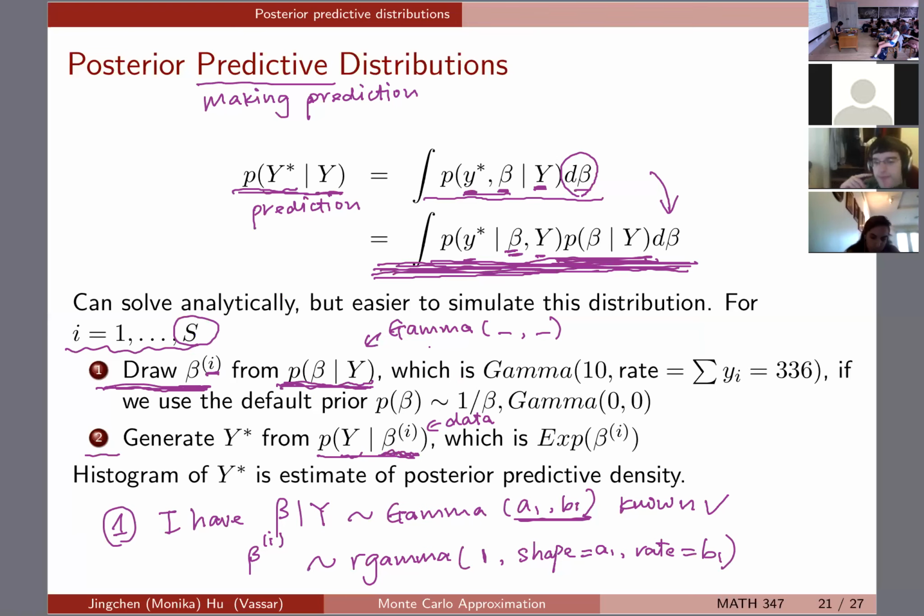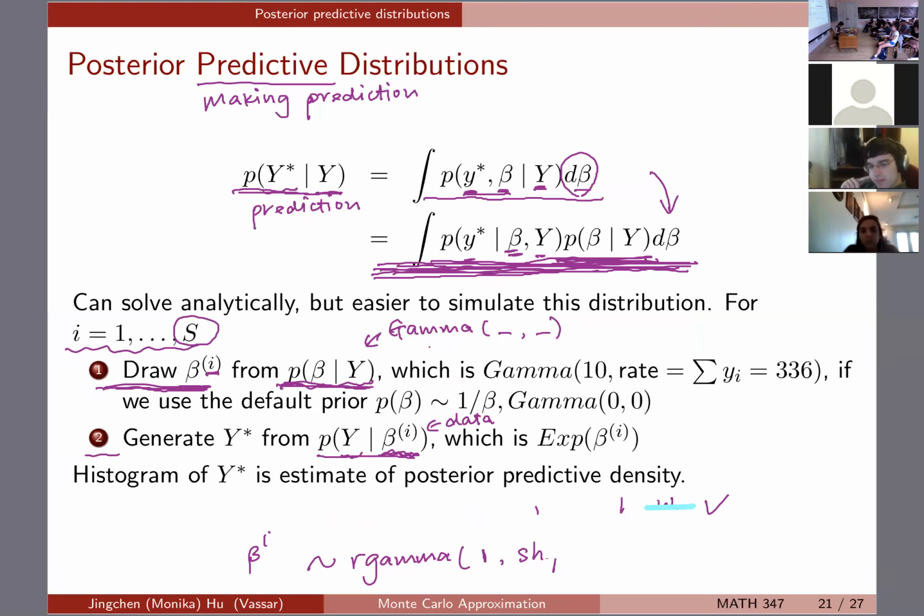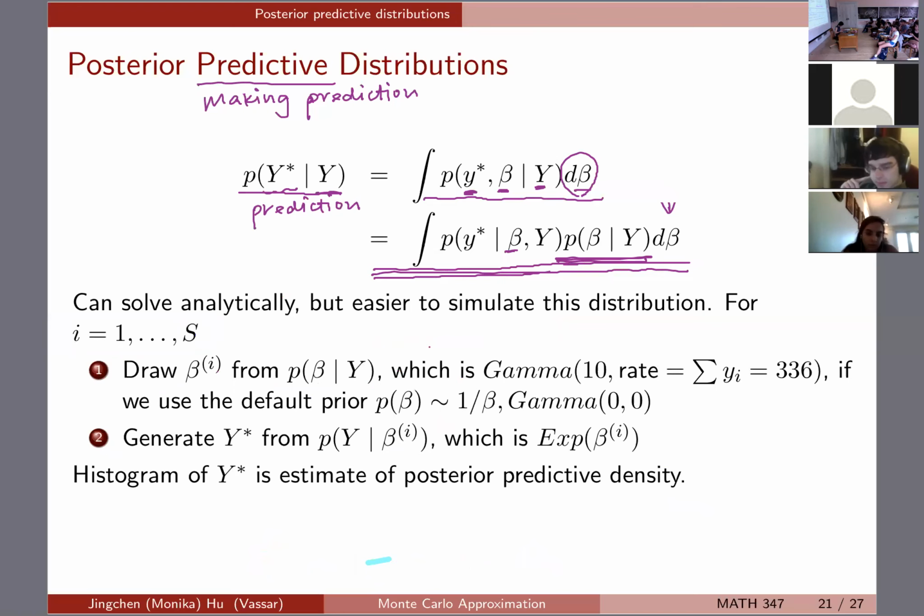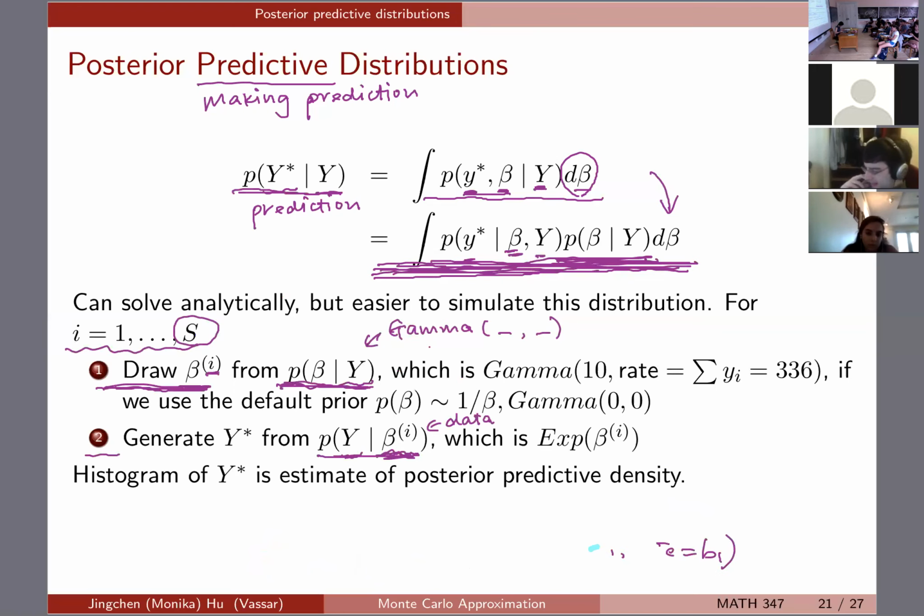Once you do that, imagine you have a draw of this beta. You have a particular value that you draw out of this gamma distribution. And we know that given beta, the data are going to follow an exponential distribution, right? So the second step, let me erase this part. Now I have a beta draw. I'm actually just going to draw a new data point from the exponential sampling model that we have.